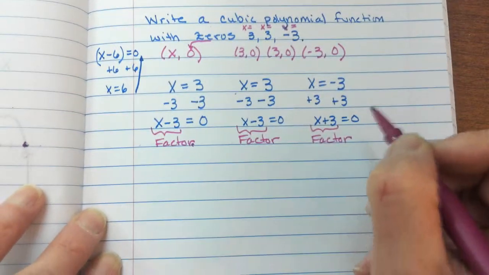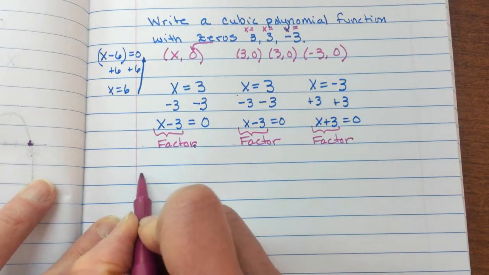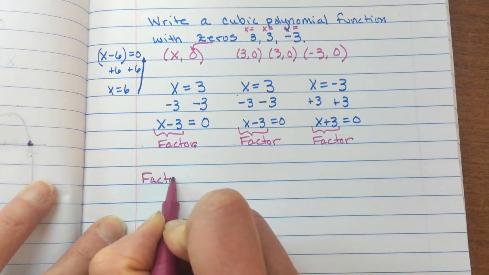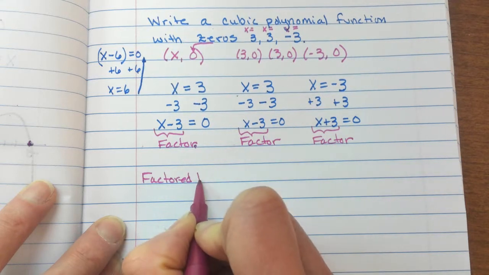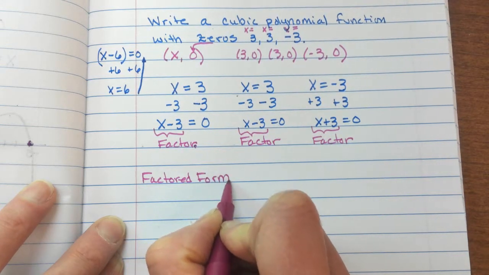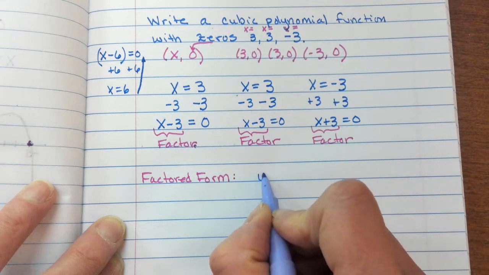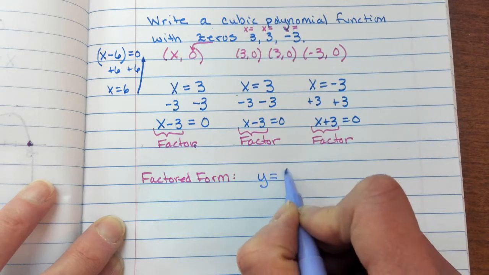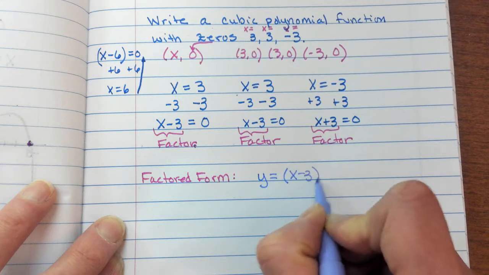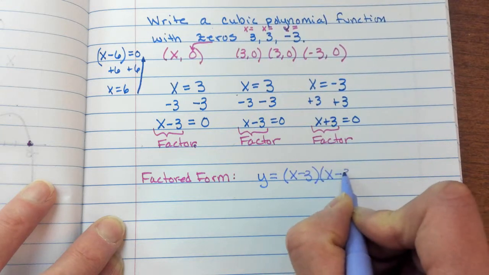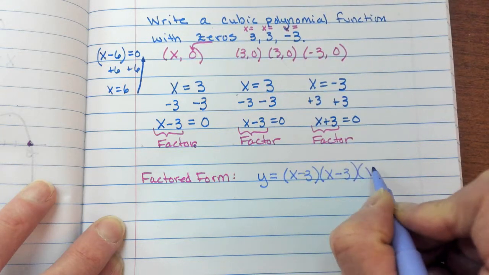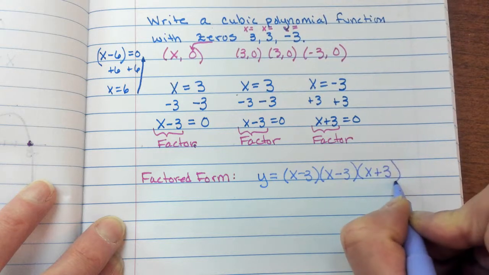In factored form, let's write this like this. In factored form, I have the equation y equals x minus 3, x minus 3, and x plus 3.